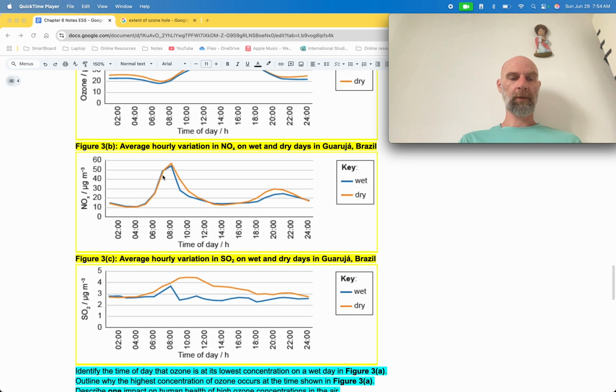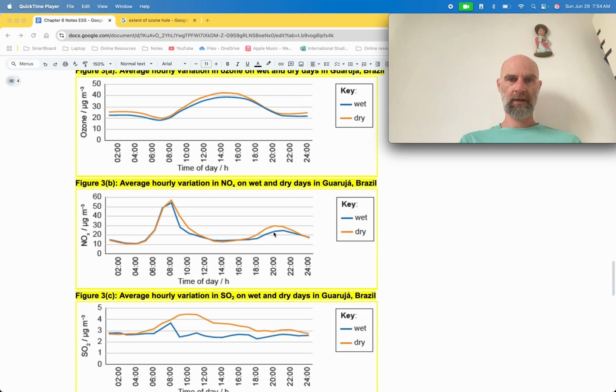Outline why the highest concentration of ozone occurs at the time shown in figure 3A. So, why does it occur highest? You got to know that this is on military time, so 1400 is 2 o'clock in the afternoon. Starting at like 2 o'clock in the afternoon, it looks like it goes highest until like 4 o'clock. So that's when the sun's the strongest.